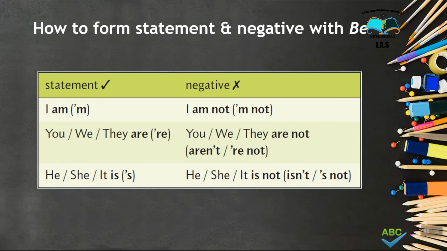If you want to shorten the verb, you go with the 're. If you don't want to do this, then you shorten the not word, for example, aren't. For third person, he is not, she is not, or it is not. The short form is he isn't, she isn't, or it isn't.